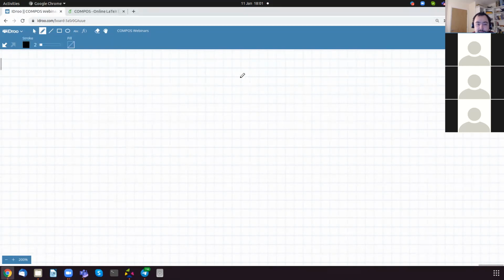So if you have the integral of x to the power n dx, this integral is x to the power n plus 1 divided by n plus 1, plus c.